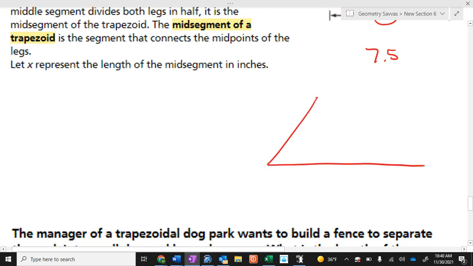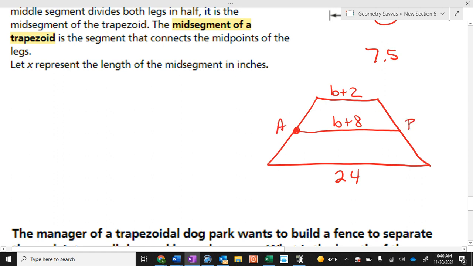Let's say we had something like this. B plus 2, B plus 8, 24. How do we figure out how long the mid-segment from A to B is?